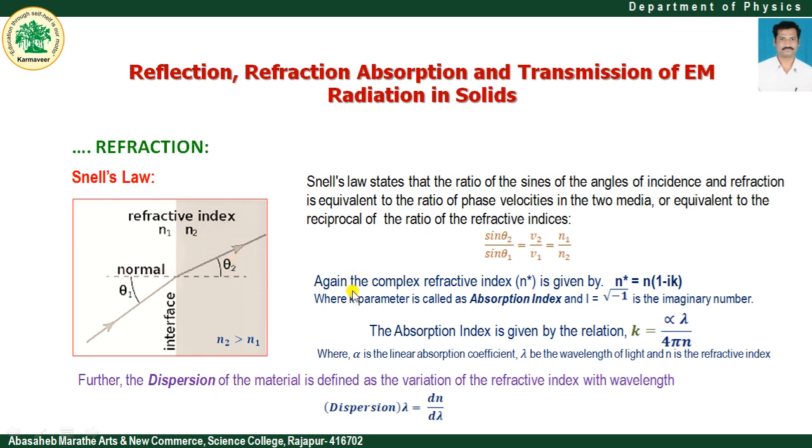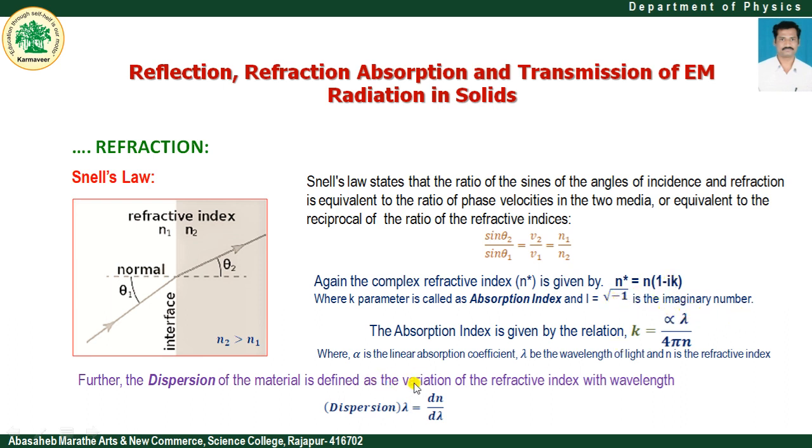Now, again, the complex refractive index n star can be expressed by this equation, that is n star is equal to n times (1 minus ik), where k is the parameter known as the absorption index, and i equal to the square root of -1 is nothing but the imaginary number.